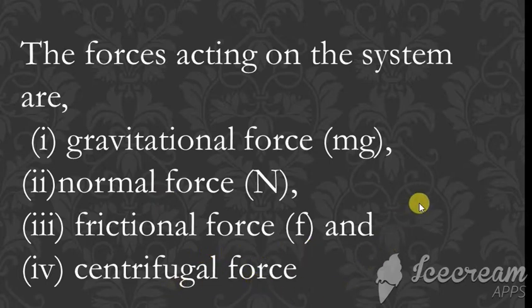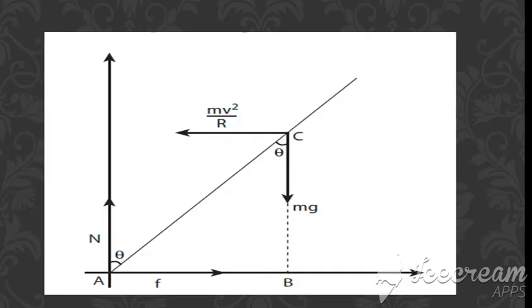Clear? Now let us represent it with the help of a diagram. This is the normal force, and this is the frictional force. This is the downward gravitational force, and on this side we have the centrifugal force represented by mv square by r.